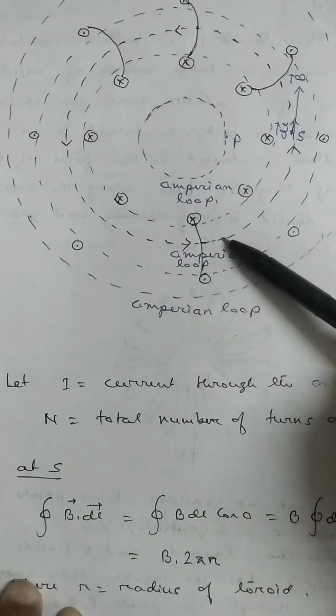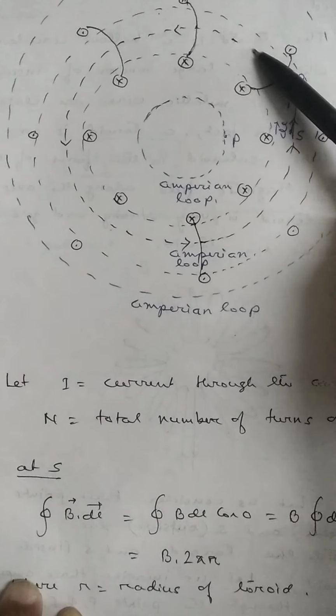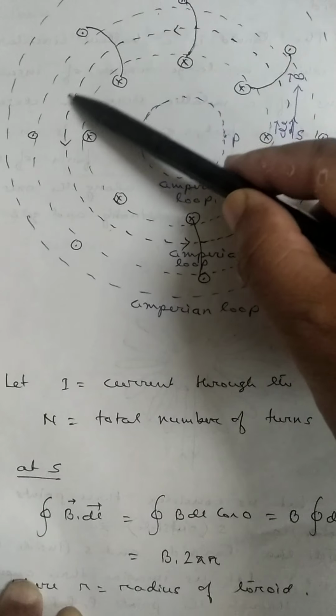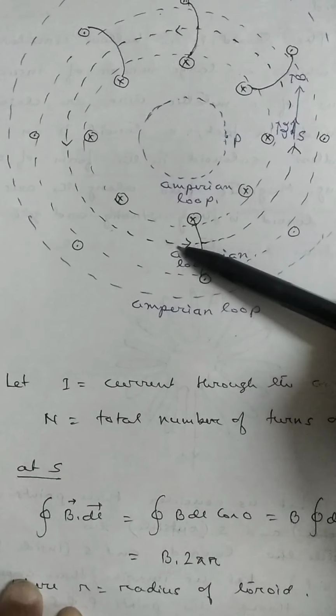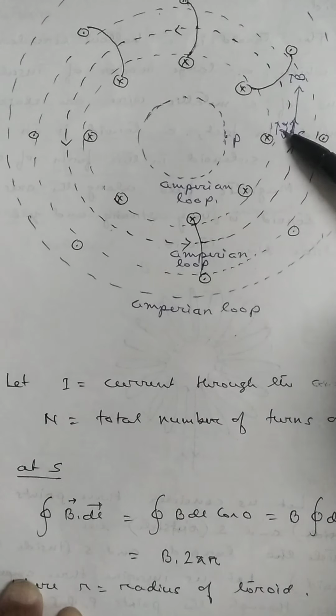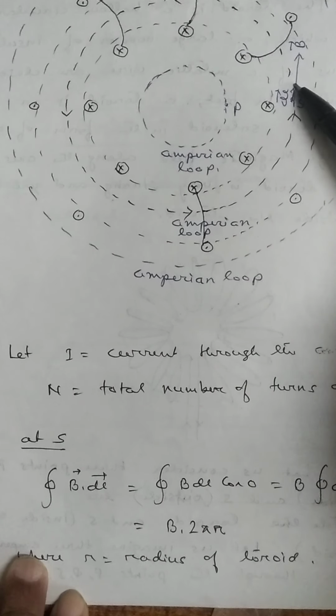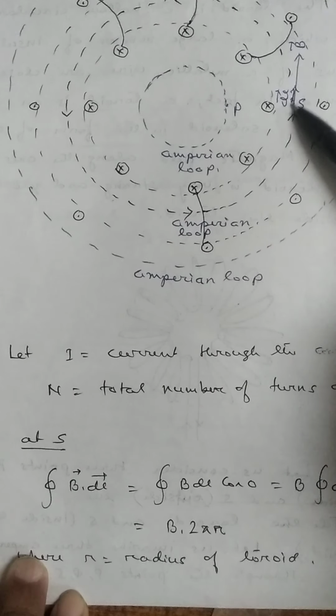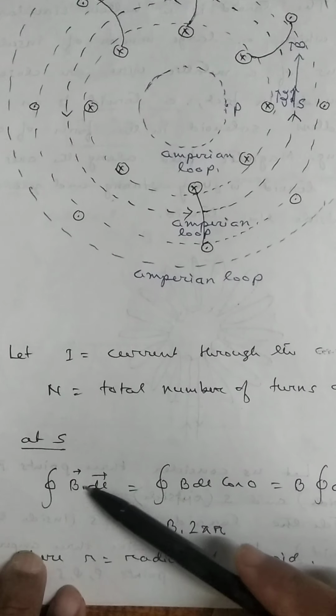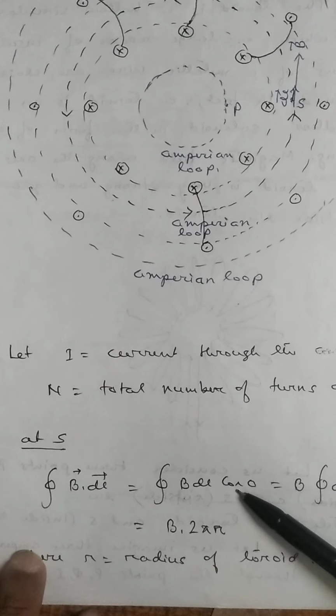Because the magnetic field is inside the toroid, and since the toroid is circular in cross section, the lines of force are also circular. So this is the direction of B, and this is the direction of dl. Here at the point S, the direction of B and the direction of dl are parallel to each other. So B dot dl is B dl cos 0.